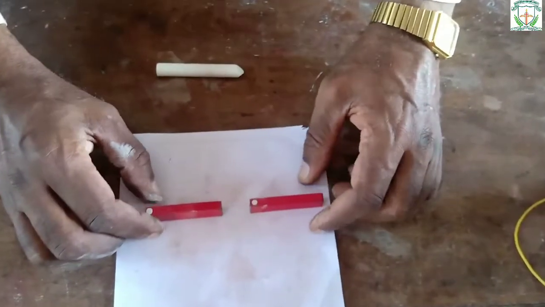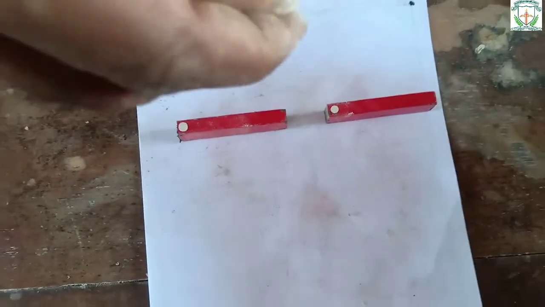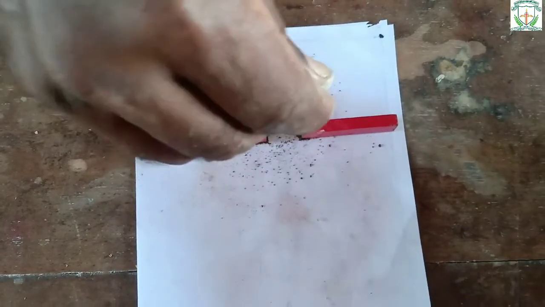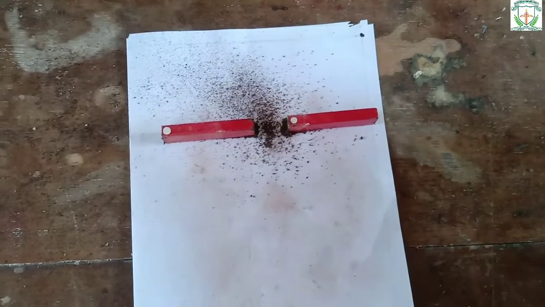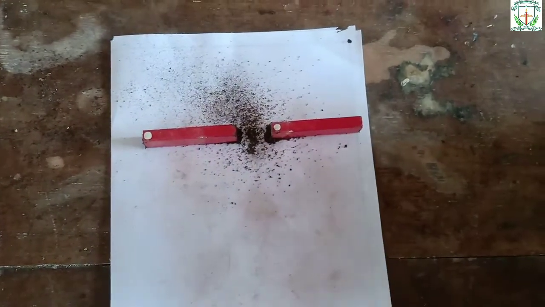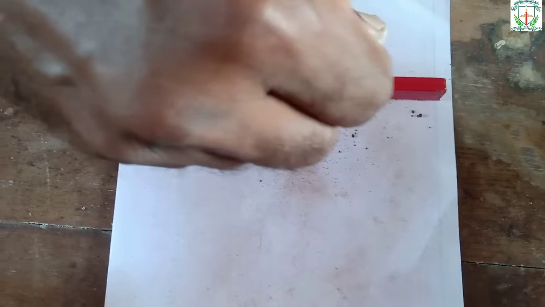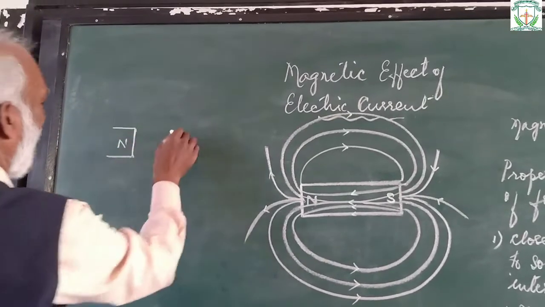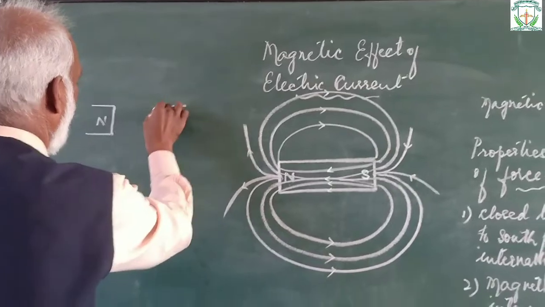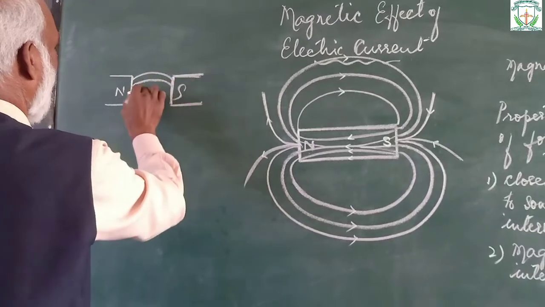If I hold it apart and sprinkle some iron filings here, you can see the lines of force are merging like this.